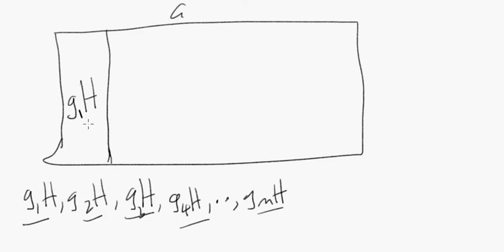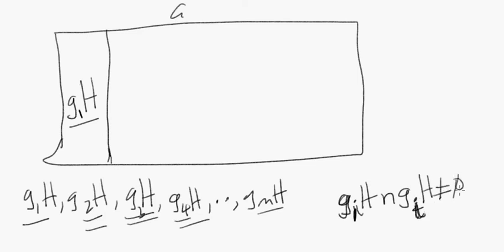Now, if G1H has an intersection with any of the other cosets, let's say G1H has something in common, let's say G1H intersect G4H, or let's say GIH, is non-empty. They have something in common.